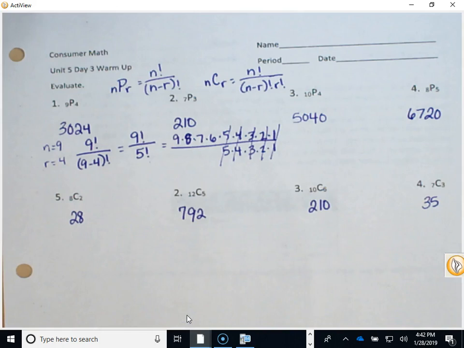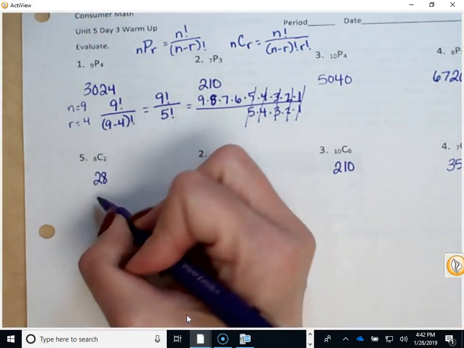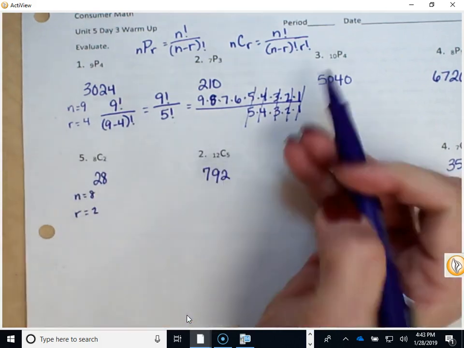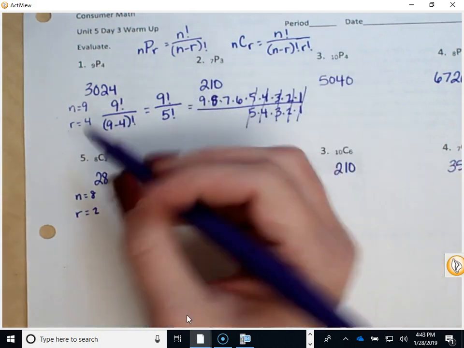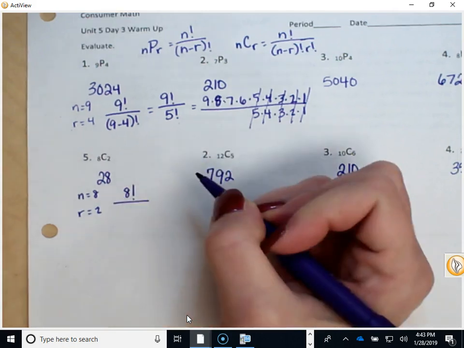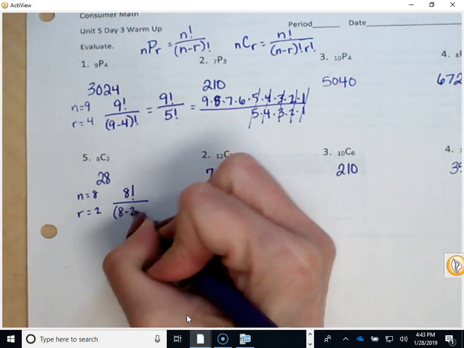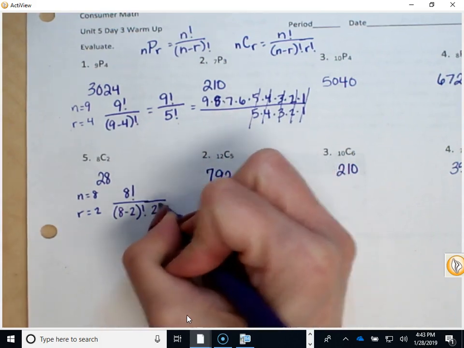All right, now to show you a combination example. This is what we did last class. We've got 8 and then combination 2. So our n is 8, our r is 2. So we're using that formula n factorial over (n minus r) factorial and then r factorial. So n factorial would be 8 factorial, and then over n minus r, so that's (8 minus 2) factorial, and then times r factorial, which is 2 factorial.